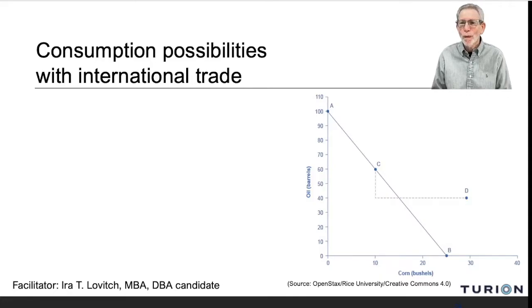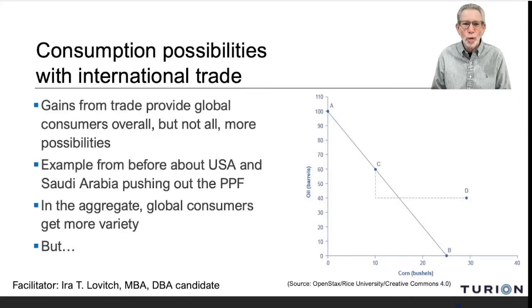Their people would have the ability or the option to have more agricultural produce represented by corn. So instead of trying to feed the population, and instead of trying to provide all the energy for the population, Saudi Arabia concentrates on oil and then is able to trade the oil and ends up with a far greater amount of corn.